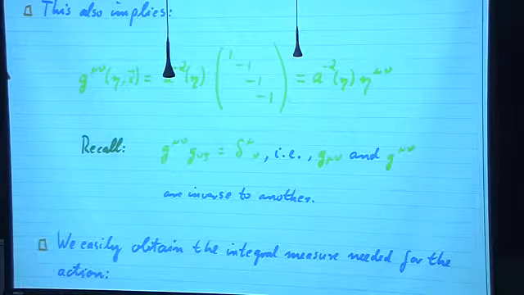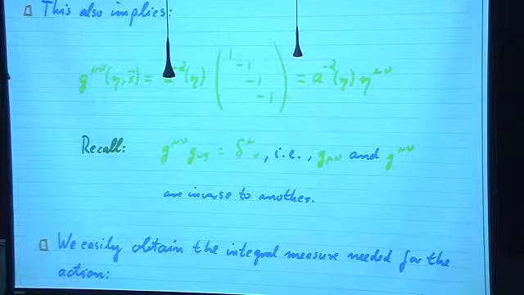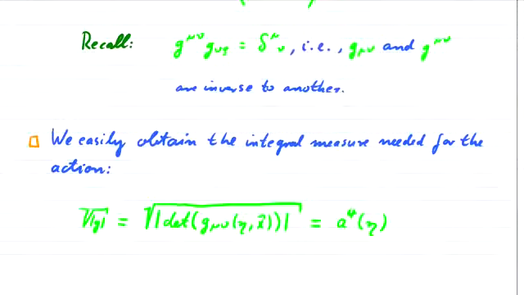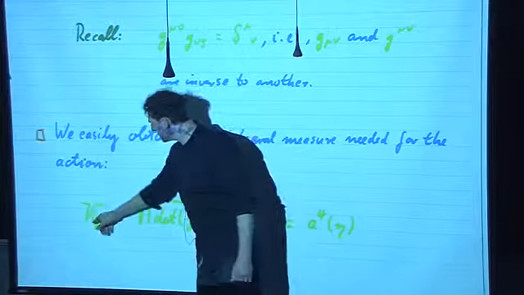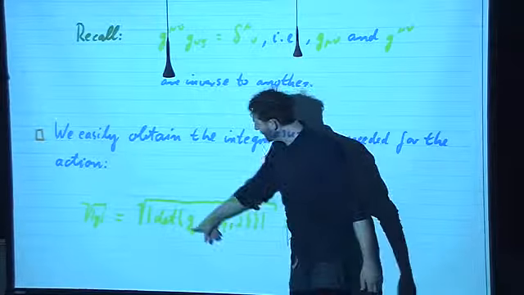So in particular, this means that we can now calculate all the quantities that go into the action and that go into the equation of motion, because we have the metric. We need the determinant of the metric, we need the metric with lower and with upper indices. So in particular, for the measure in the integrals, we need the square root of the absolute value of the determinant of the metric. Okay, so let's look at the metric.